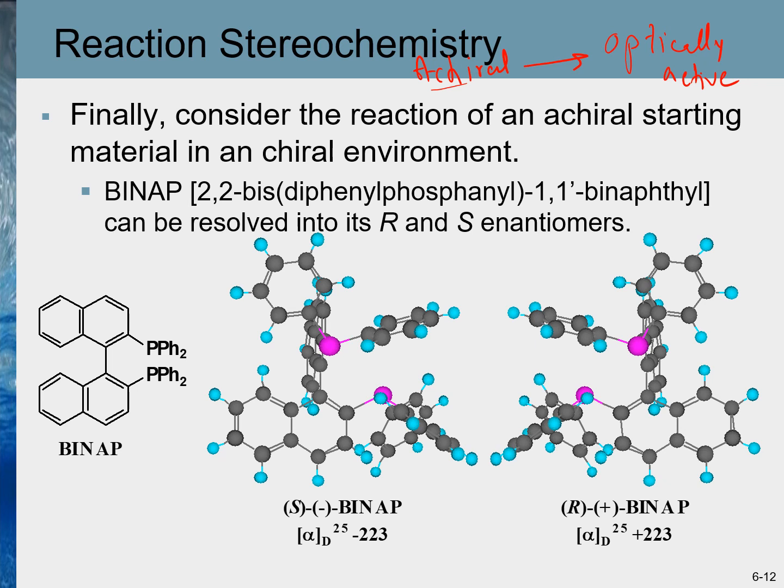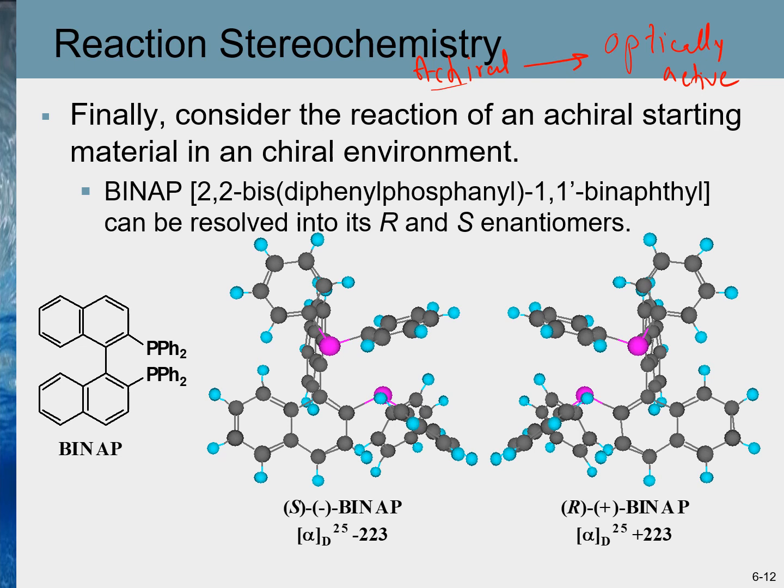The meaning of chiral environment is that maybe the solvent in which the reaction is carried out is chiral, or a catalyst which is used during the reaction is chiral or optically active. So in that case, if our starting material is achiral, but our catalyst or the solvent is optically active, then the product will also be optically pure, or only one enantiomer will form rather than forming a meso compound or a racemic mixture.